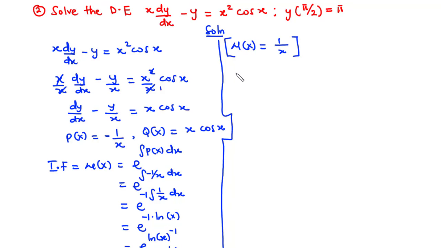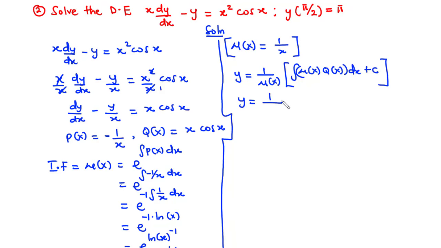So the general solution, as usual, is given by y equals 1 over mu of x times the integral of mu of x times q of x dx plus c. So we have y equals 1 over 1 over x, and this becomes 1 times x over 1, which is equal to x.